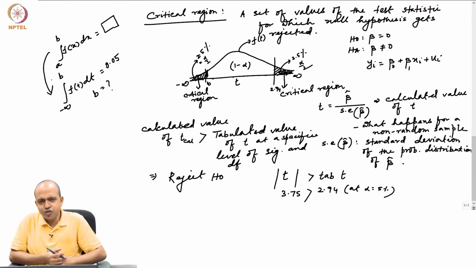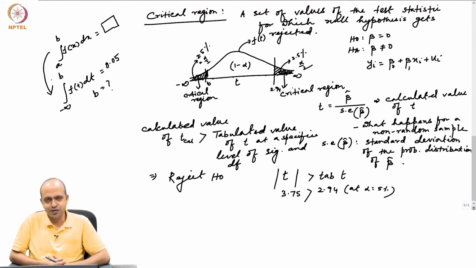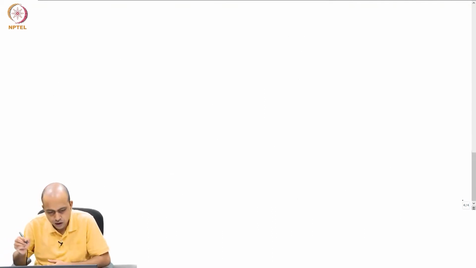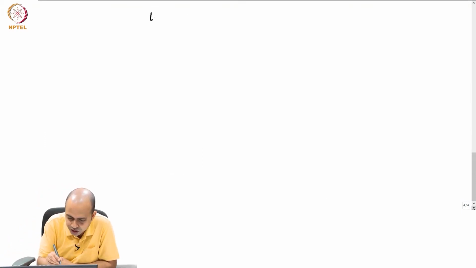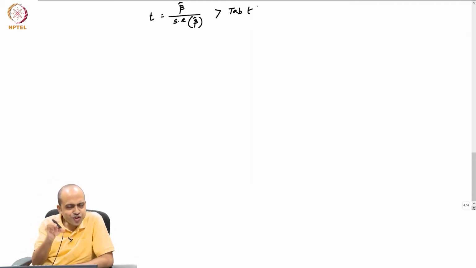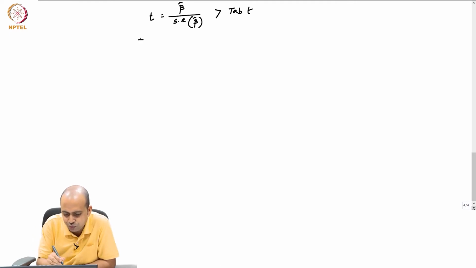Now, in this entire process, what happens? Since the decision making rule says that T equals beta hat divided by standard error of beta hat should be greater than the tabulated T, that means your decision making rule involves some kind of probability distribution.